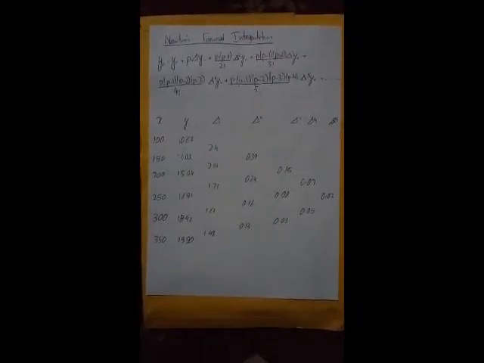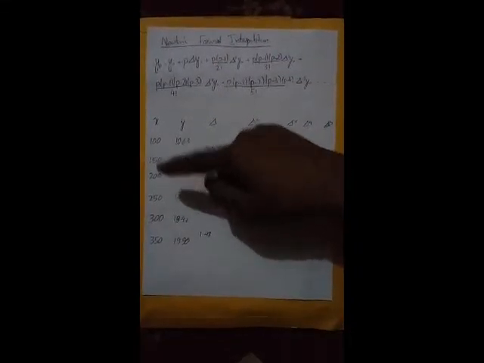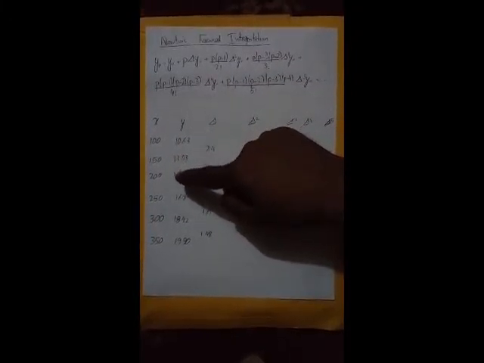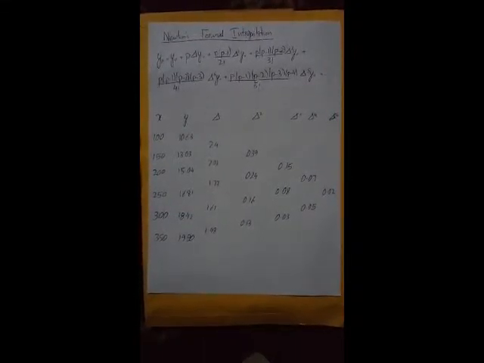The formula for Newton's forward interpolation method is yp, which is the value of y at that particular value of x, and it is equal to y naught, where y naught is our initial value, or the upper value, the value which comes before the value at which we require y. Say we have to find the value of y at 140, so our y naught in that case becomes 100, plus p, where p is equal to x minus x naught, where x naught is our initial value, 100, and x is 140, divided by h, the interval between two x points.